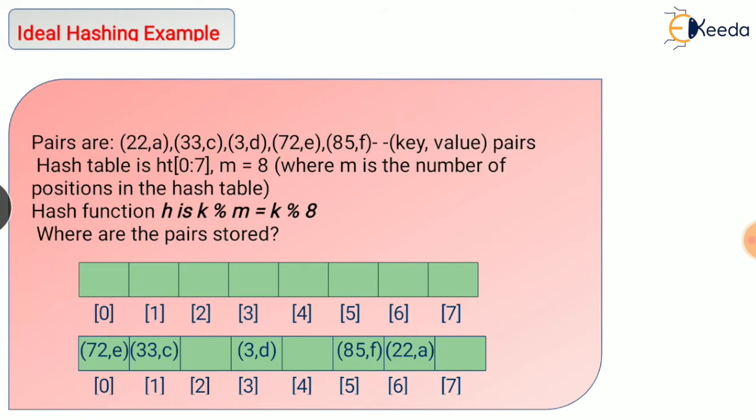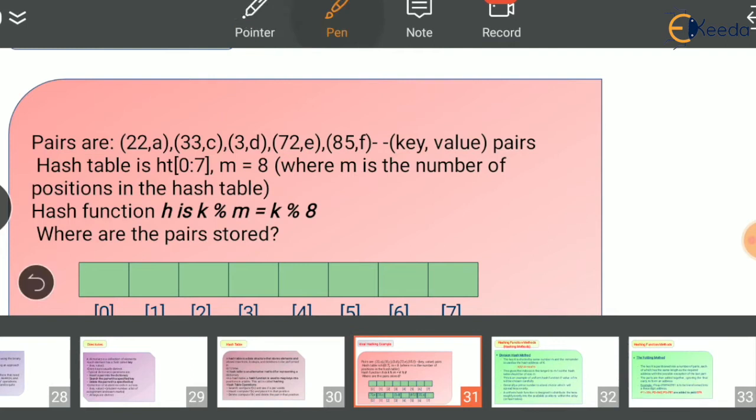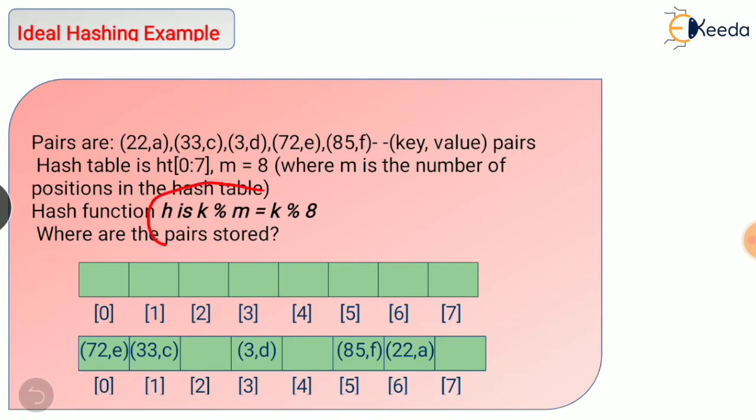So now here we are using a hash function. So this is your hash function, that is h(k) = k mod m.